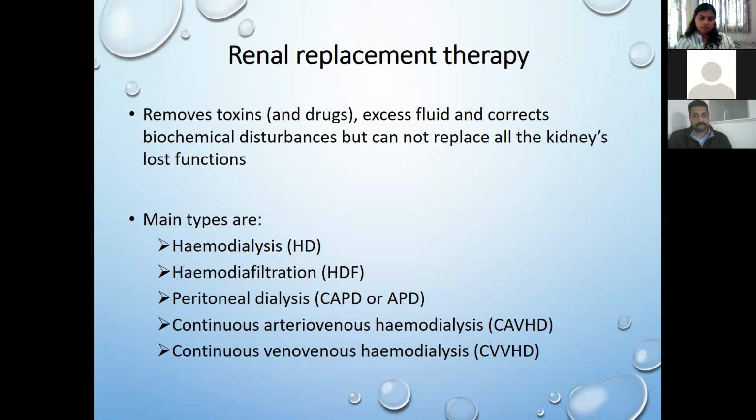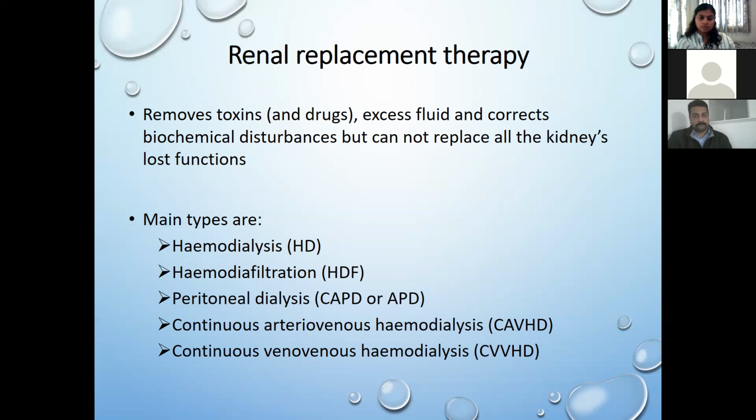So there are different types of dialysis, as you will probably know better than I. You've got your hemodialysis and hemodiafiltration. A lot of our machines these days are HDF, which has slightly greater clearance than conventional hemodialysis. We've got peritoneal dialysis, which is quite a passive form, which uses your peritoneal membrane as the filter.